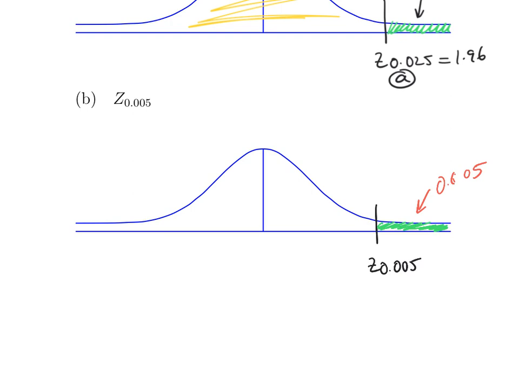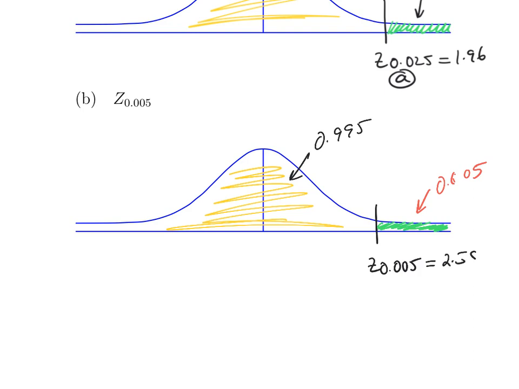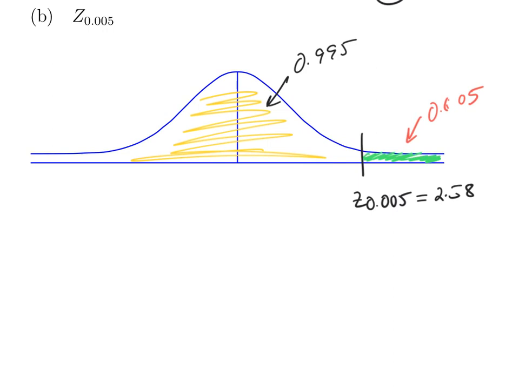So then the yellow area is going to be 0.9995, right? Then you look to the table, the closest thing to that is either 2.57 or 2.58. So either one is fine. So I'm going to go to 2.58. Right? And that's it. So any questions on this?